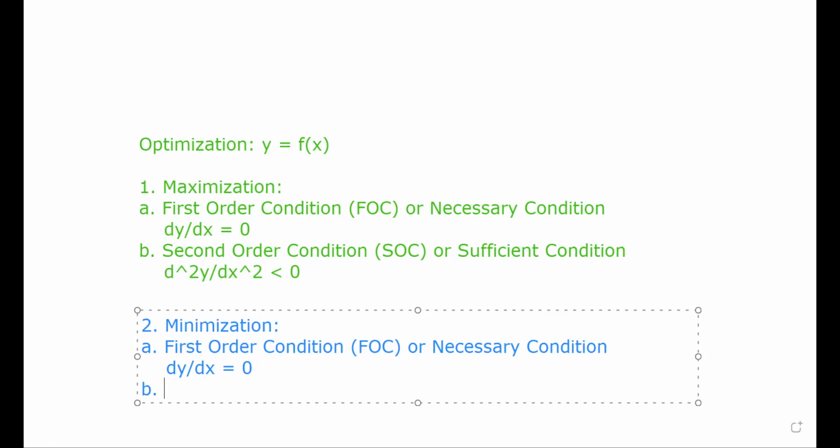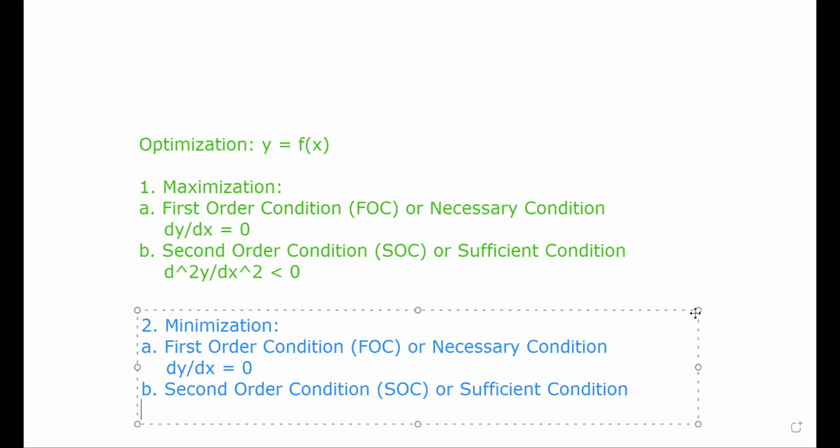And the second order condition, or sufficient condition: d squared y over dx squared is greater than 0.